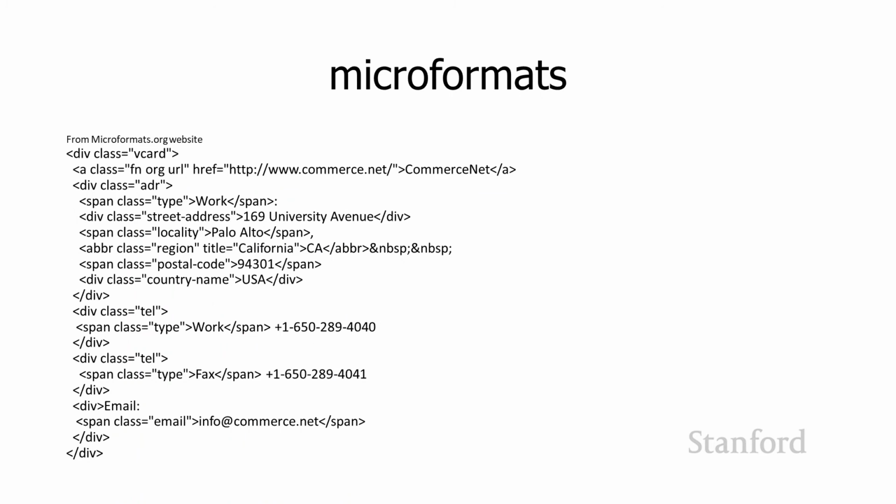Another microformat that shows up fairly frequently is the vCard or hcard format. This is for virtual business cards. People often have business cards that they can hand to people so they can get information like their contact information.